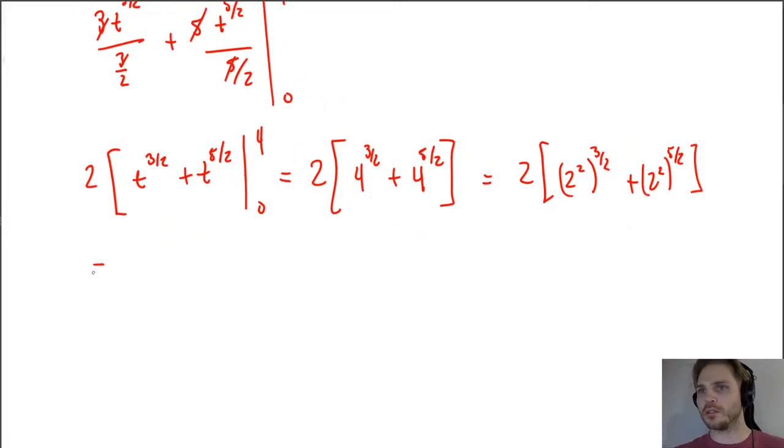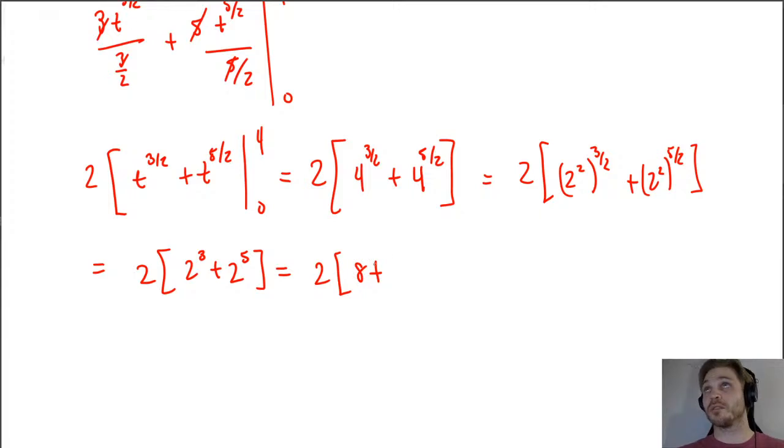And then we just multiply the exponents. So this is 2 cubed plus, whoa, nice 3 line, plus 2 to the 5th. And that gives us 2 times 8 plus 32, which is 40 times 2 is 80.